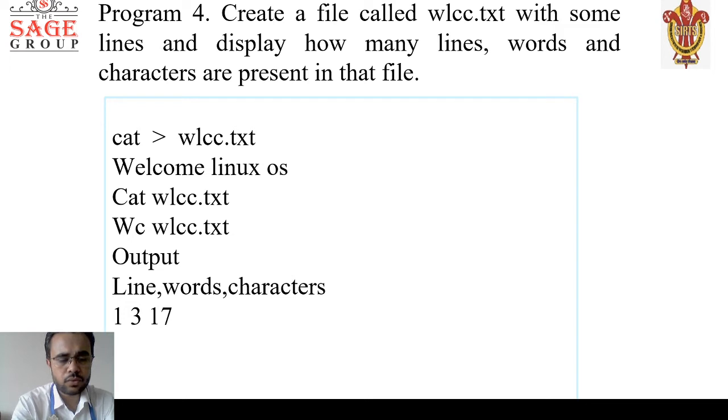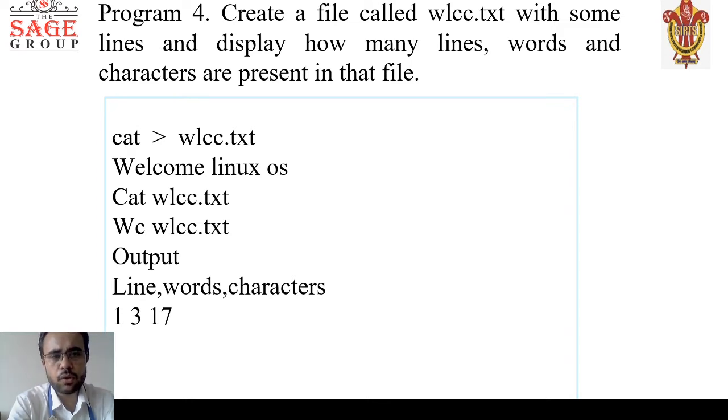Now we are going to perform this program in Ubuntu, which is a version of the Linux operating system. Before this I will explain the cat command. The cat command is used for creating text files, and we can also concatenate and show the contents of files.